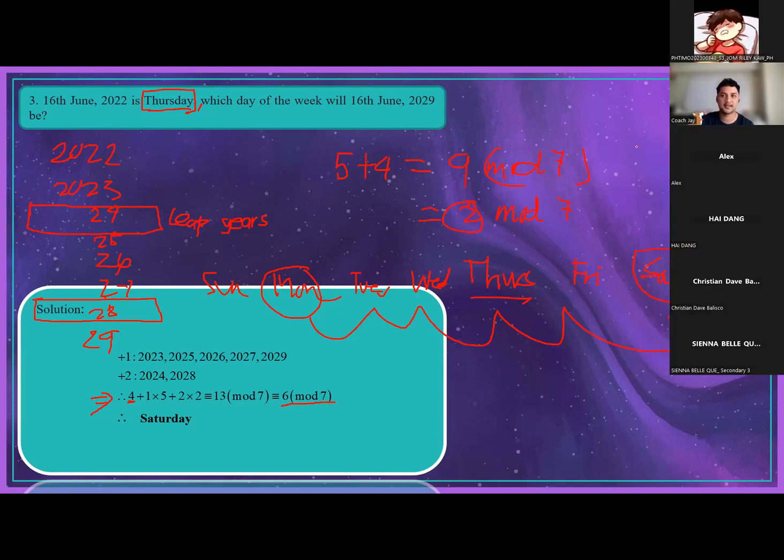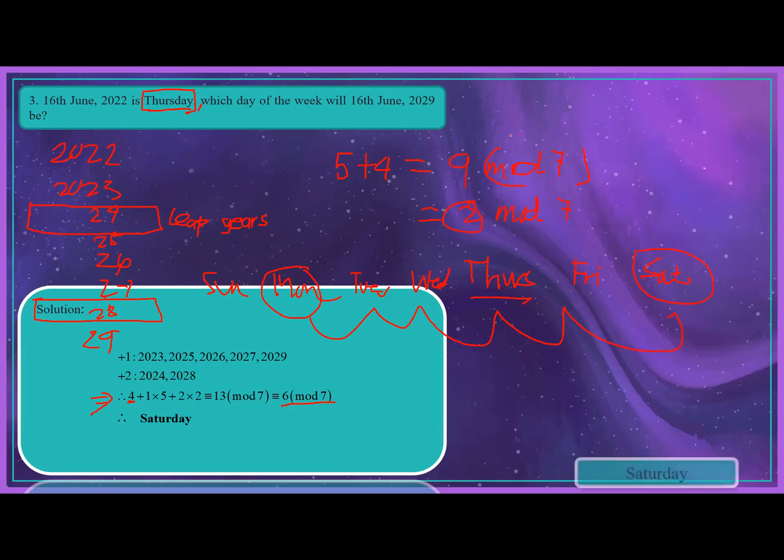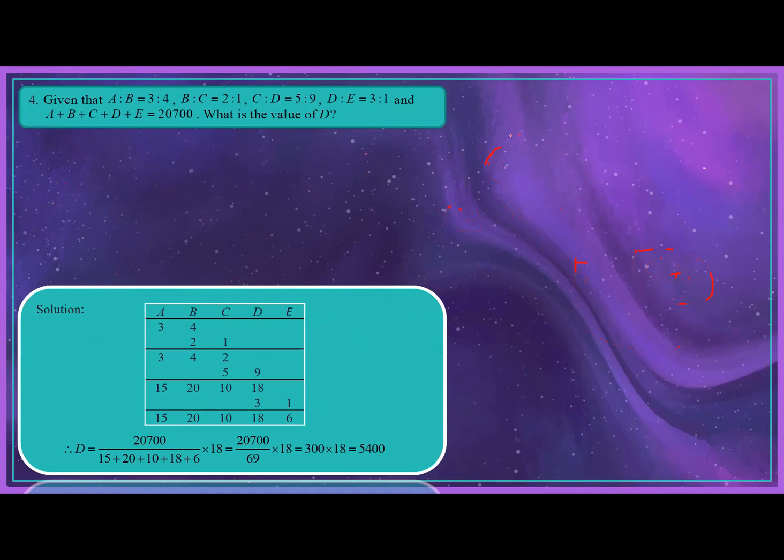So next, number 4. Given that A is to B equals 3 is to 4, B is to C is 2 is to 1, C is to D is equals to 5 is to 9, and D is to E is equivalent to 3 is to 1. And A plus B plus C plus D plus E is equals to 20,700.